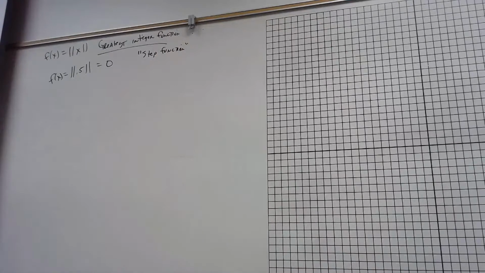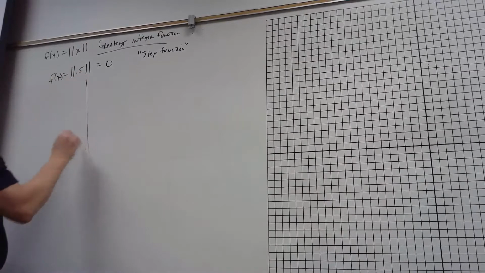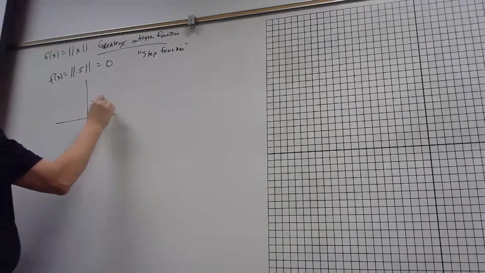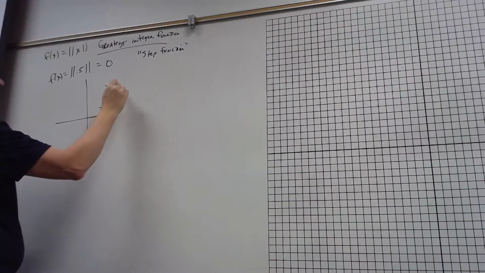And I'm going to be real honest with you. You will need to remember this for the test and for the final exam, but we'll never see this one again. So basically, the function looks like, this is why we call it a step function, because it looks like a bunch of steps.